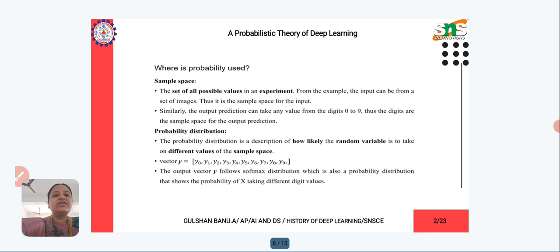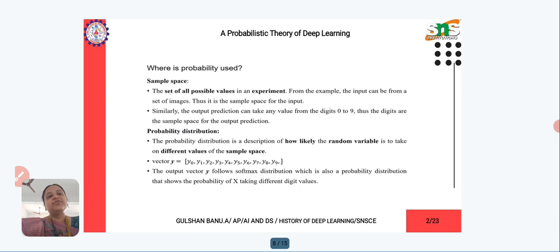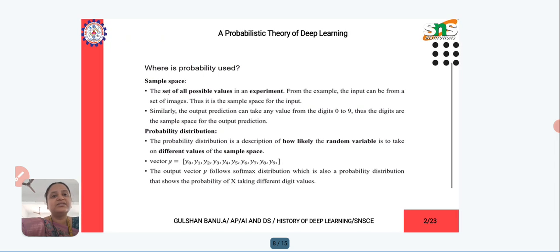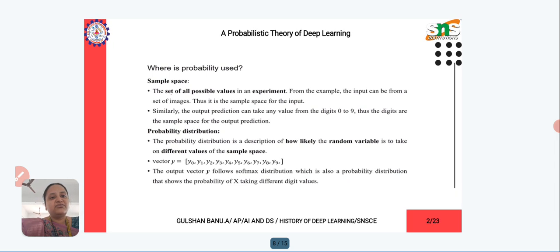The sample space is the set of all possible values in an experiment. From the example, the input can be from a set of images, thus it is the sample space for the input. Similarly, the output prediction can take any value from the digits 0 to 9, thus the digits are the sample space for the output prediction.